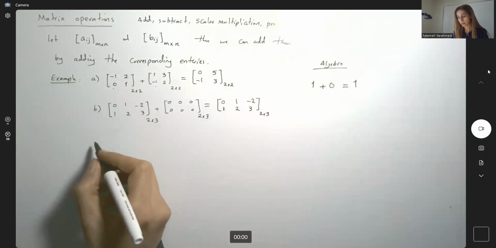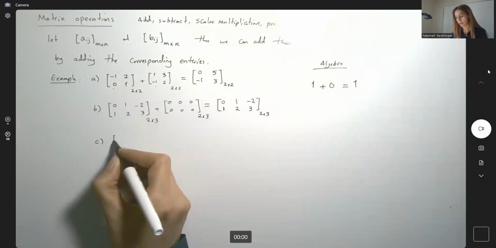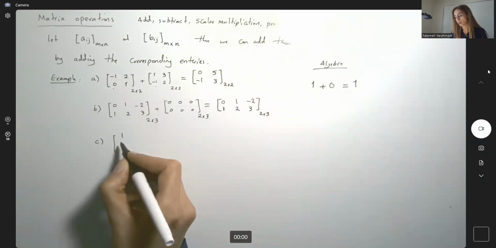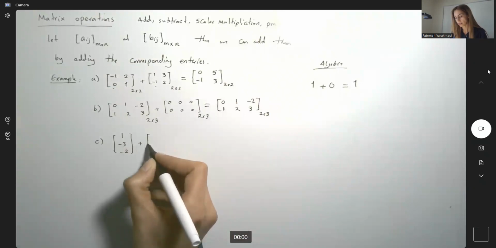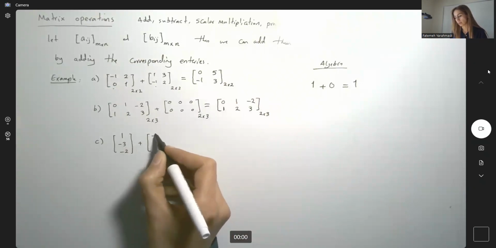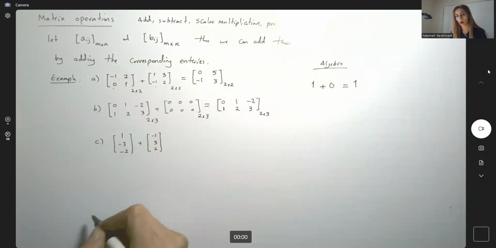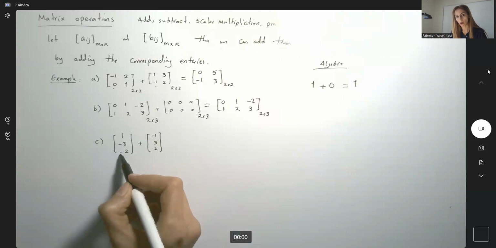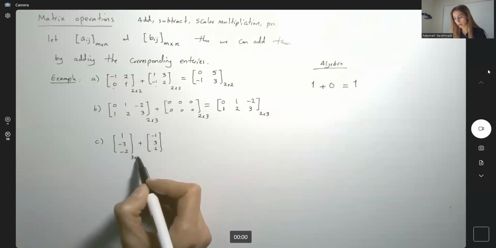So let's take a look at two column matrices. I have the very first column matrix, 1, -3, -2. And the second one is -1, 3, and 2. These are column matrices. You only have one column. You have 3 rows and one column.